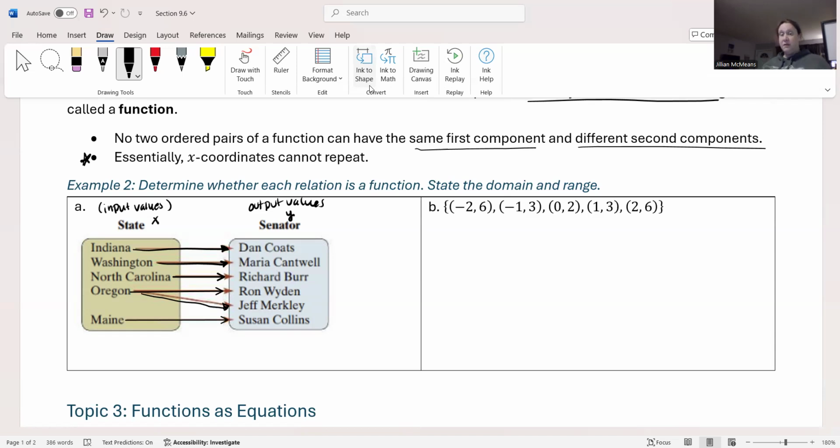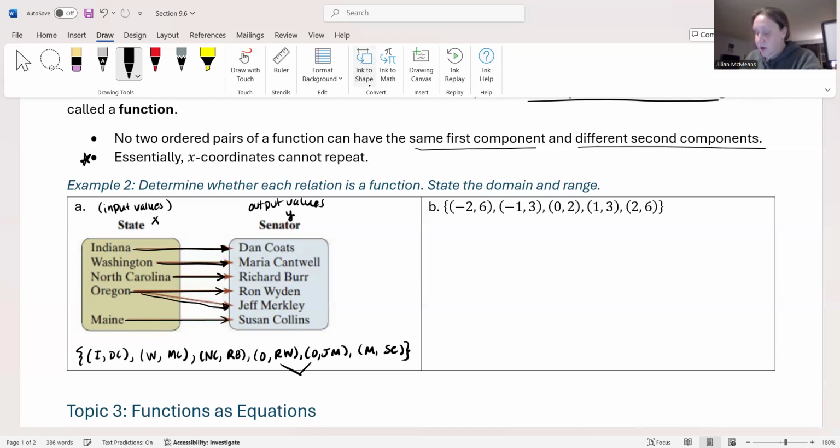If we think of this as a set of ordered pairs, we have I for Indiana, DC for Dan Coats; W for Washington, MC for that senator; NC for North Carolina, RB for the senator. Oregon has two different senators listed, so Oregon corresponds to Ron Wyden, and Oregon corresponds to Jeff Merkley. And finally, Maine corresponds to Susan Collins.